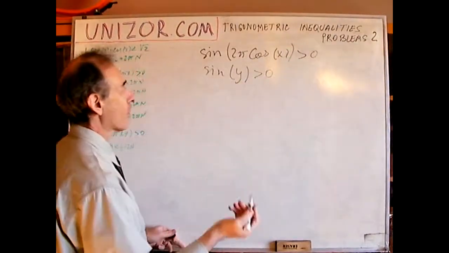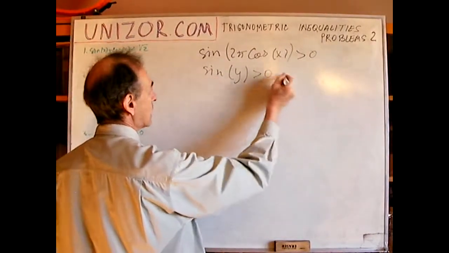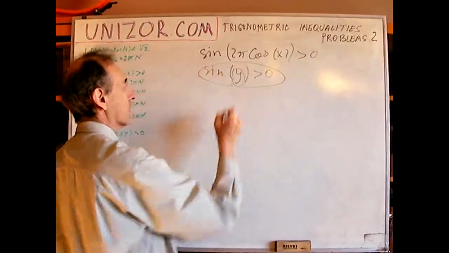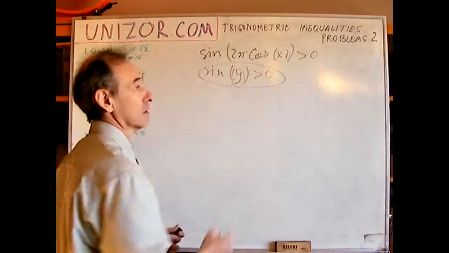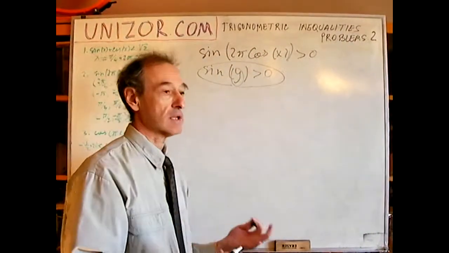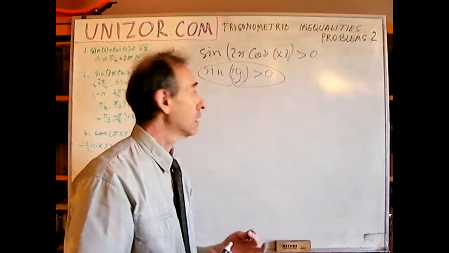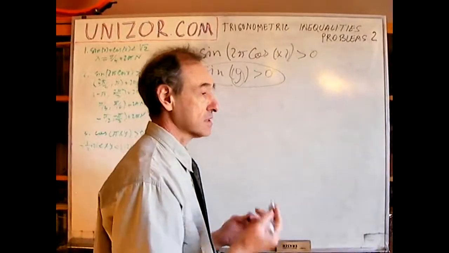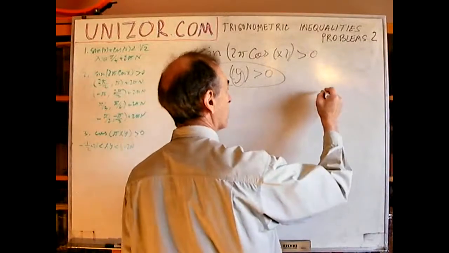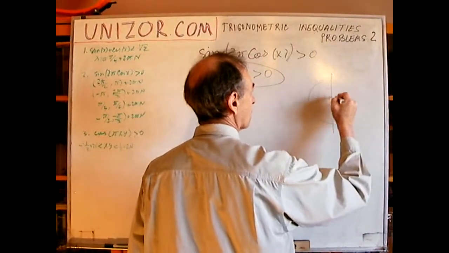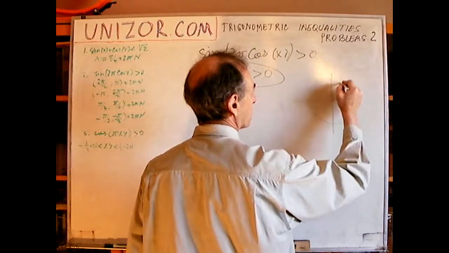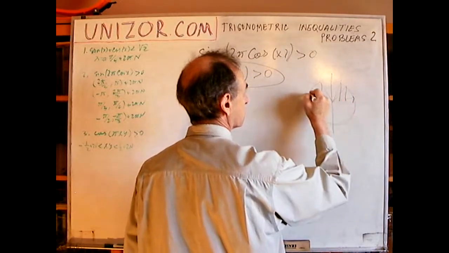So we can convert condition on a sine into condition on the y. Well, in this case, y is this. So when exactly the sine is positive? Well, sine is ordinate, right? Remember. So these angles, they all have positive ordinate.